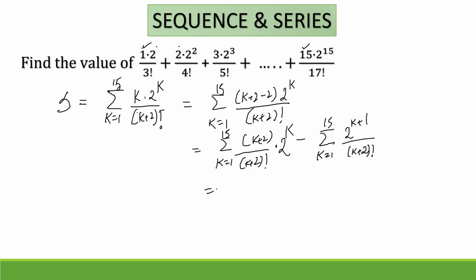Okay. And this becomes the sum from k equals 1 to 15 of 2 to the power k by (k plus 1) factorial, minus the sum from k equals 1 to 15 of 2 to the power (k plus 1) by (k plus 2) factorial.